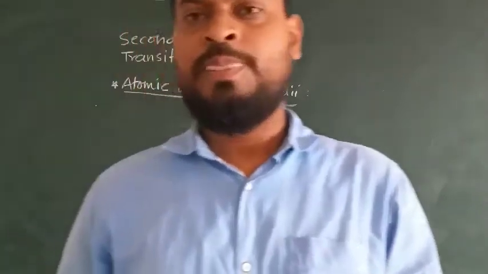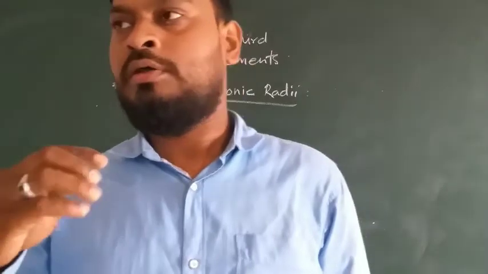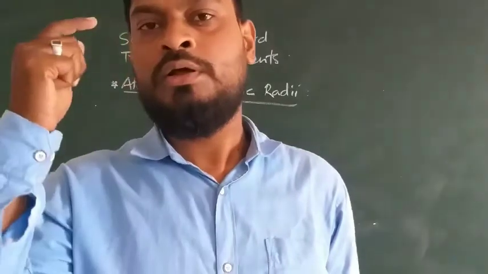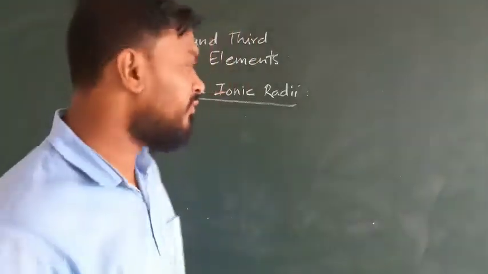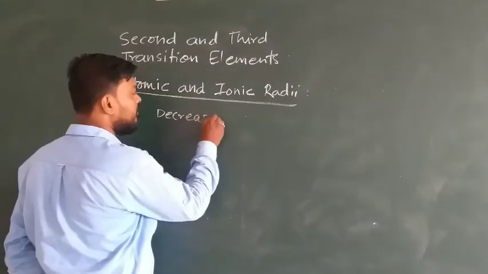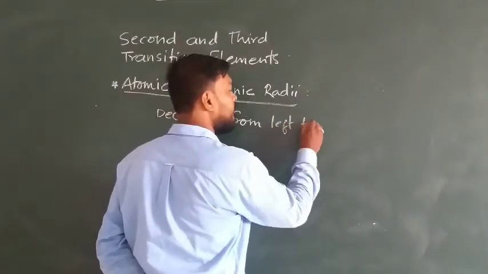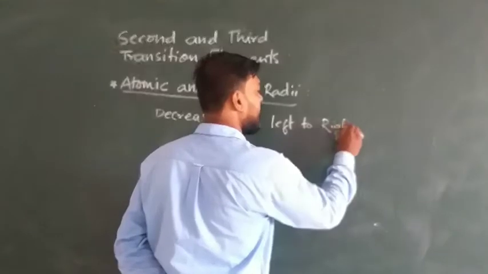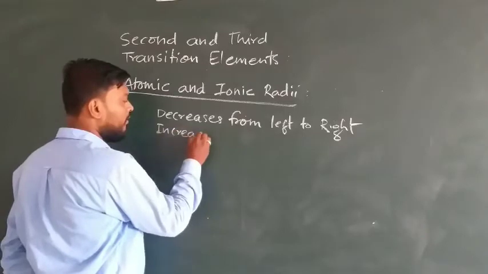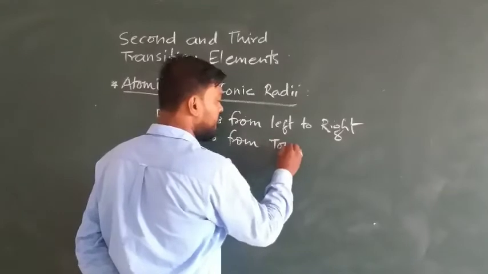It is found that atomic and ionic radii decrease from left to right and increase from top to bottom in a group.